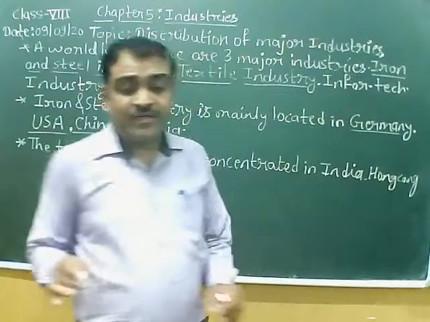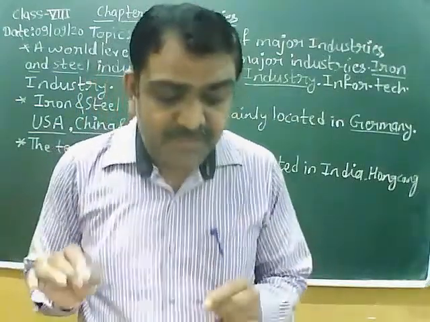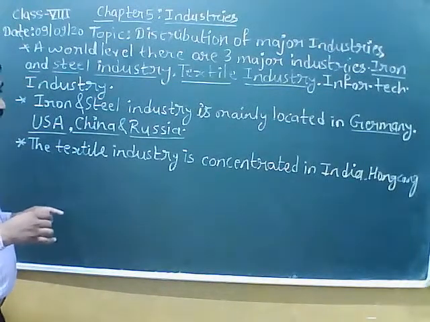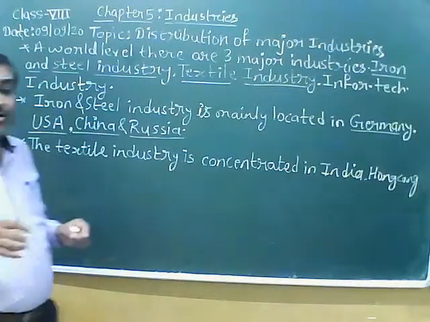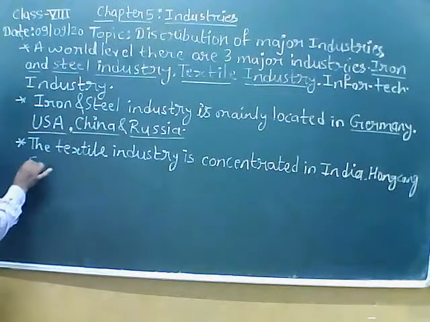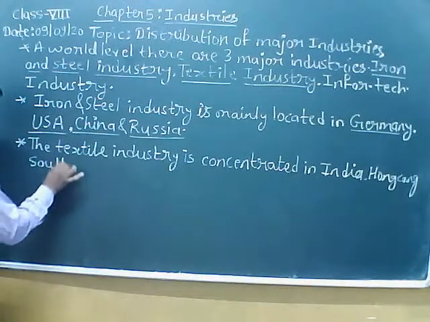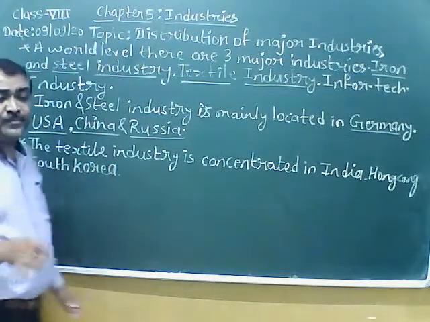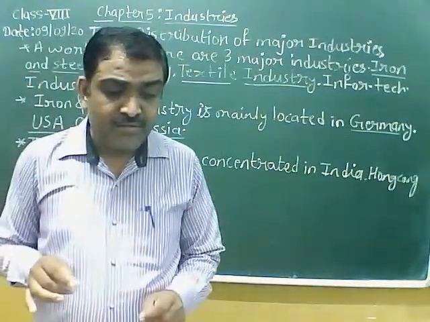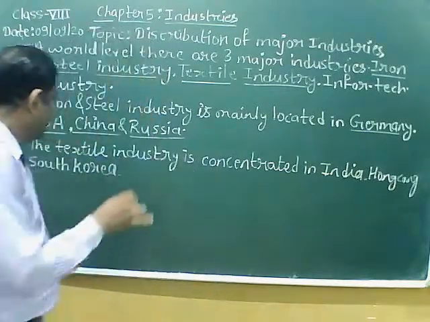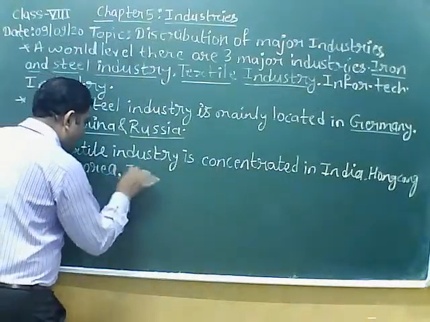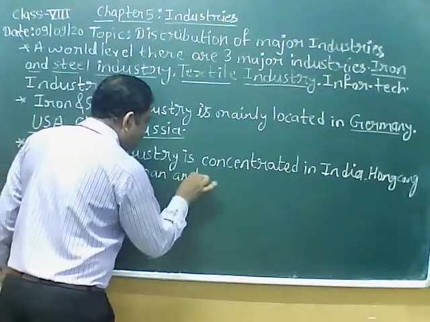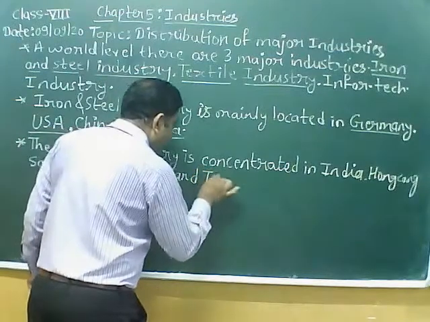These are the major producers of textile in the world. The textile industry is concentrated in India, Hong Kong, South Korea, then Japan and Taiwan.